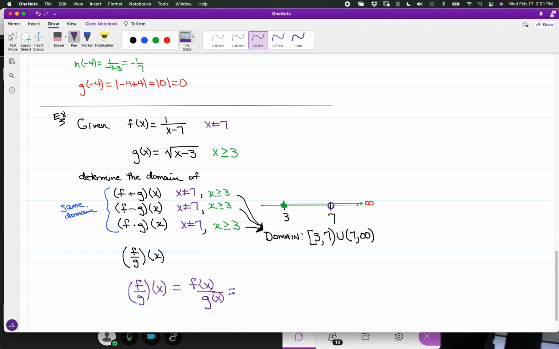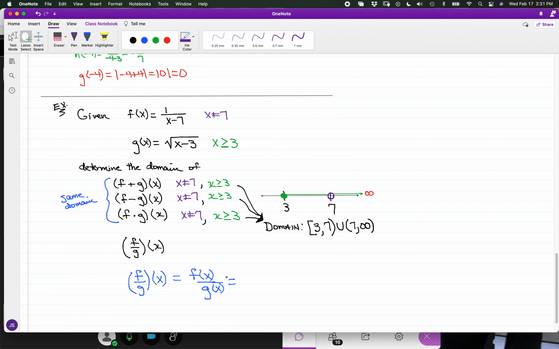Now for f of x, again we have 1 over x minus 7. And for g of x, g of x is going to be the square root of x minus 3.